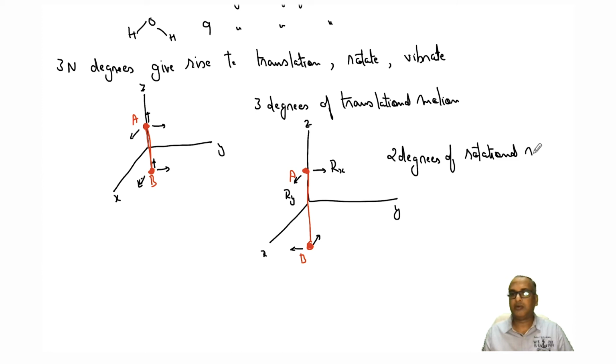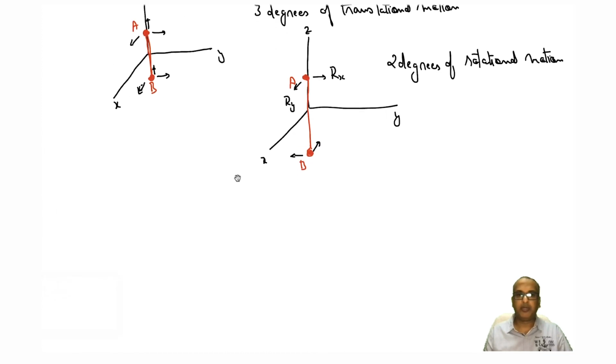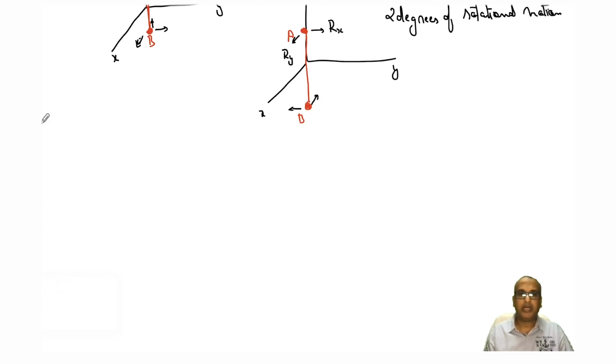Let us also take an example of a non-linear molecule, so that we know that for a non-linear molecule there should be 3 such degrees. Let us take it as a home assignment rather, right? Home assignment, again it will depend upon how you can visualize.